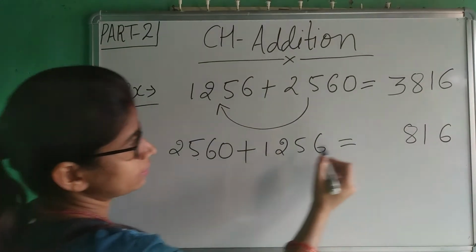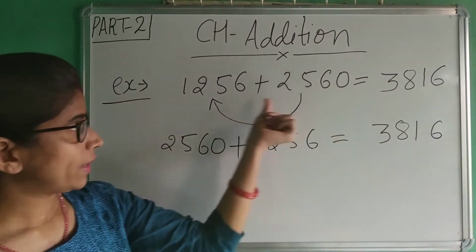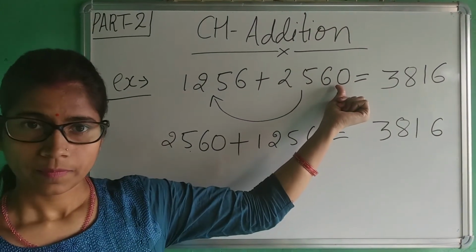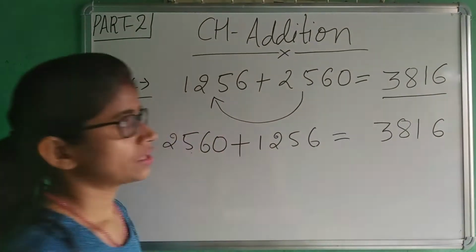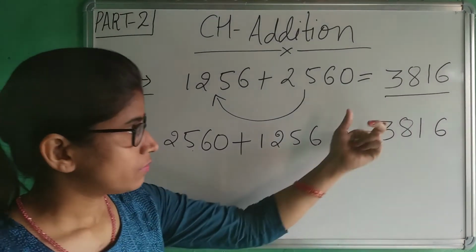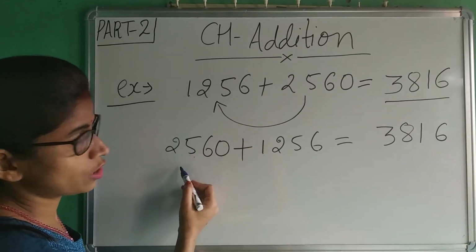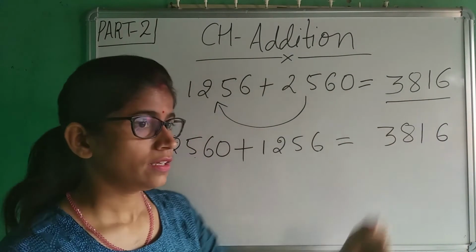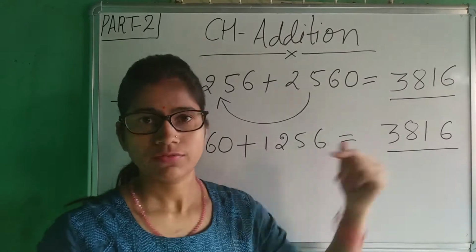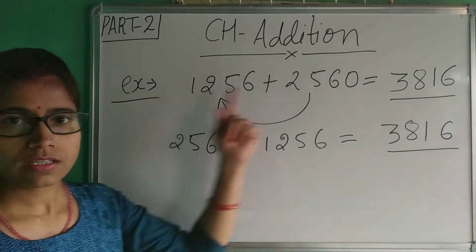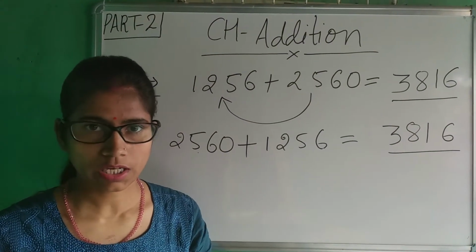Now, 2 plus 1, 3. You can see the sum is 3816, and when you have changed the order of the numbers, you still get the same answer, 3816. So the first property is, when you change the order of the numbers, the sum will be the same. This is our property.